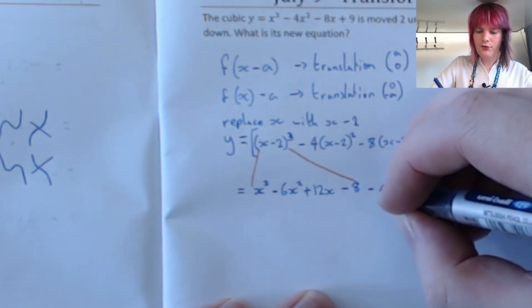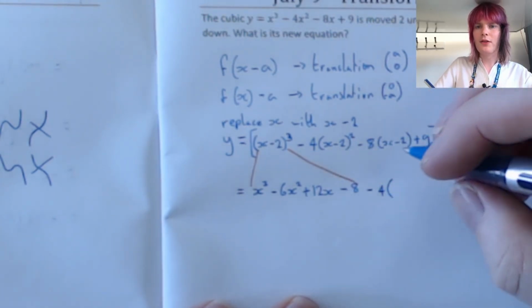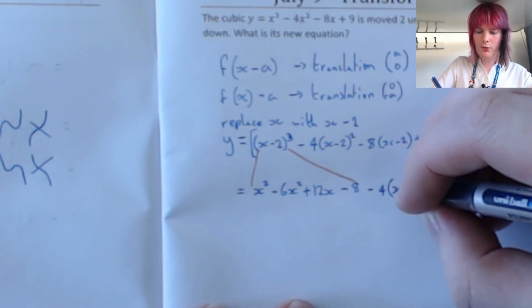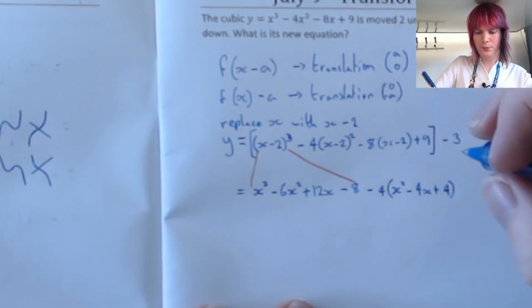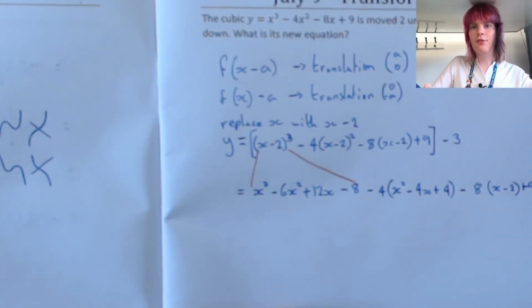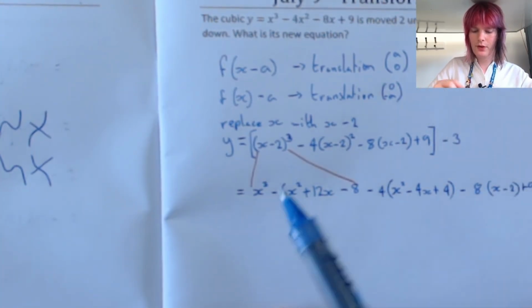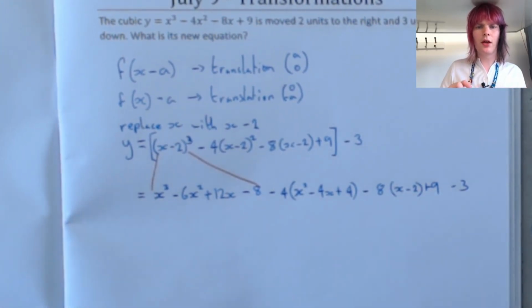Now we're going to subtract 4, this slightly easier expansion. 4 times x minus 2 squared, which as we know is x squared, take 4x plus 4. And then minus 8 x take 2 plus 9, and take away 3 from the entire thing. So now we've got all that written out, we can expand everything that we've not already expanded, collect all the like terms, and that will be our solution.